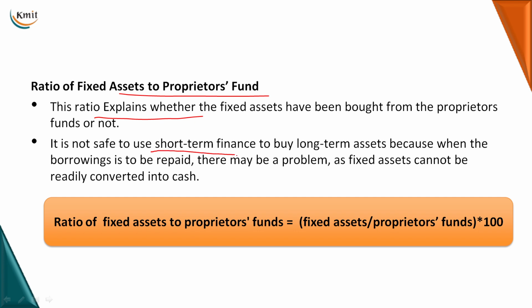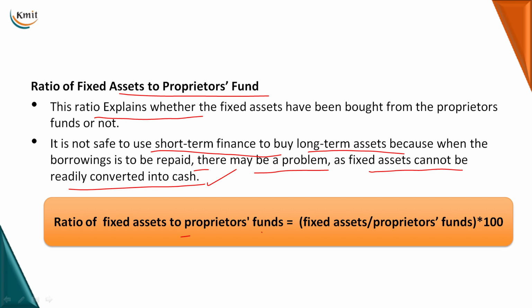It is not safe to use short-term finances to buy long-term assets, because when the borrowings are to be repaid, there may be a problem, as fixed assets cannot be readily converted into cash. That is a major problem which may lead a company to bankruptcy.